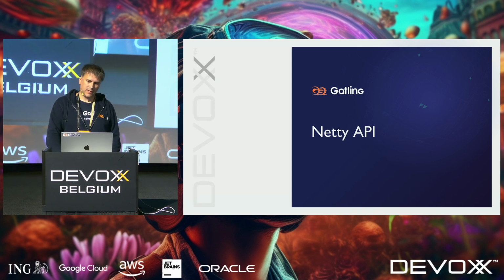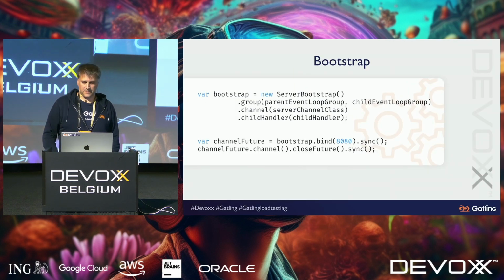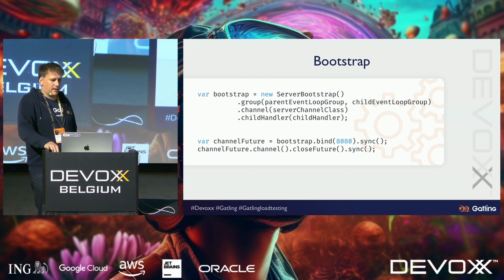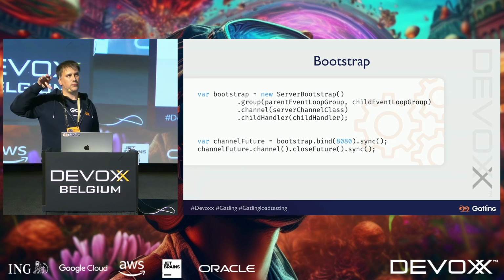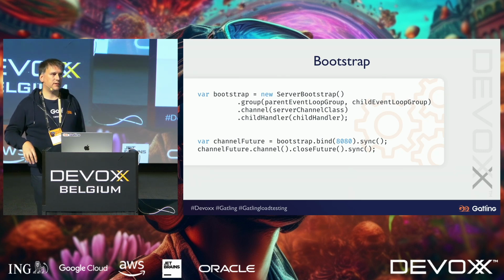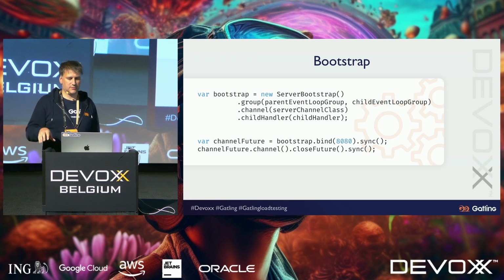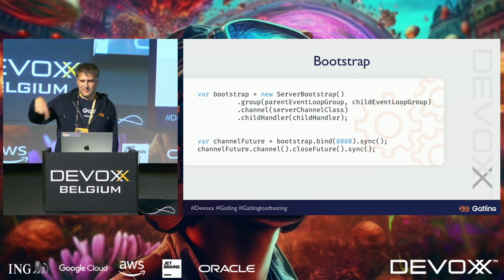So now let's have a look at Netty and how its API works. Here is an example. The core object that you work on when you want to create a client or a server is the bootstrap. You pass some different objects to it, which I'll explain a bit later.